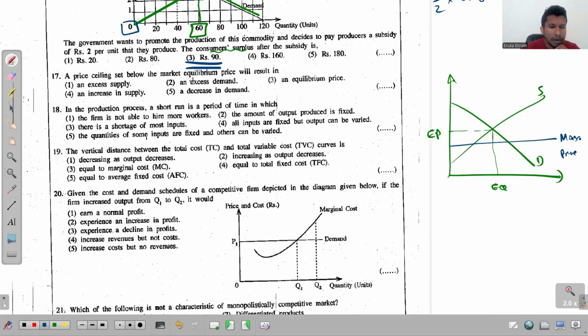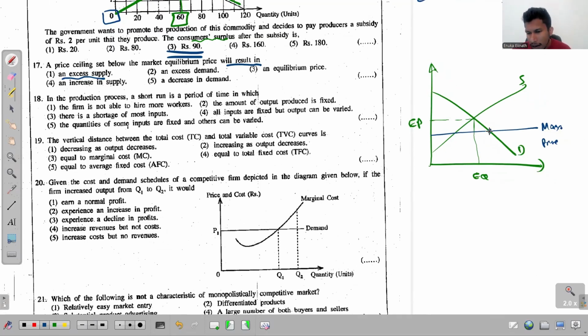Price ceiling set below the market equilibrium price will result in an excess supply. Okay. See, soon after imposing this maximum price, what happens to the quantity demanded? See, a maximum price is lower than the equilibrium price so that it motivates the buyers. When the price decreases, the quantity demanded increases. But when the price decreases, it discourages the suppliers so that the quantity supplied will reduce, right?